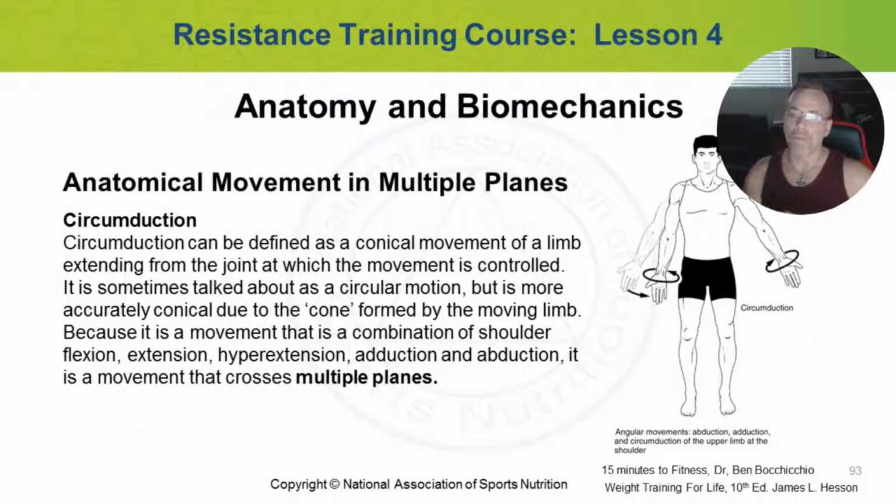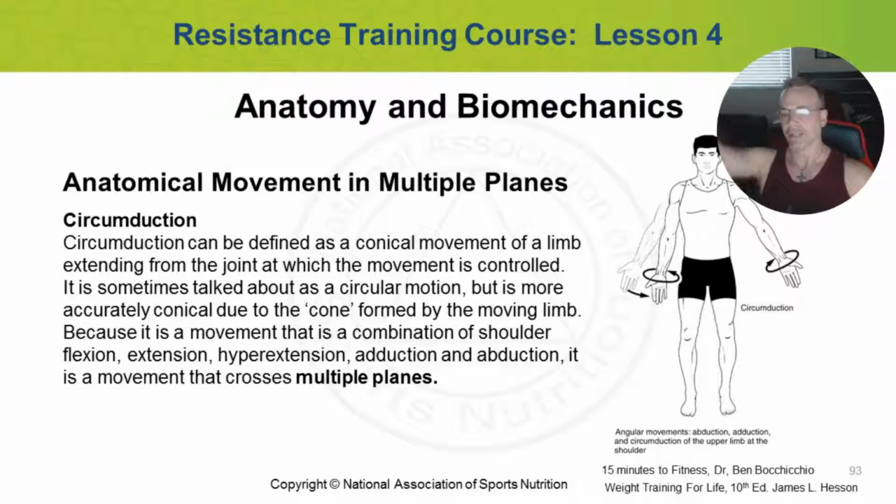All right, now multiple plane movement, circumduction. So if we take our shoulder and we start in a little bit of shoulder flexion, then we switch from shoulder flexion to shoulder abduction, and then go back to shoulder hyperextension, right? And then come into a little shoulder flexion. What we're doing is we're moving in a conical movement, right?